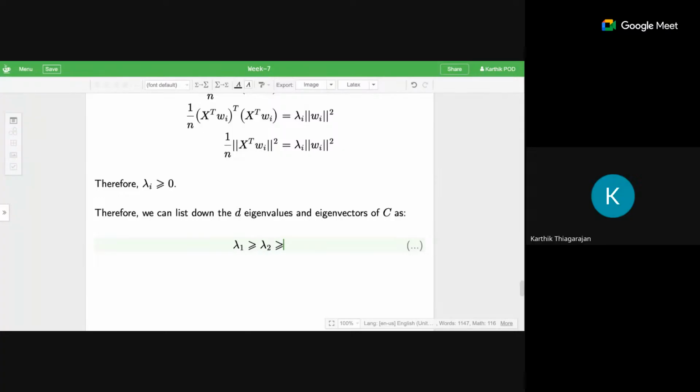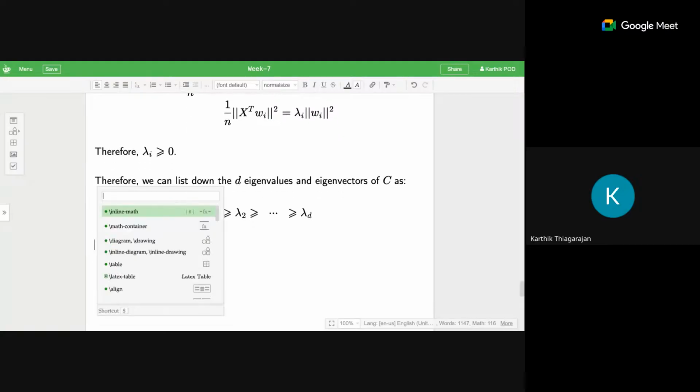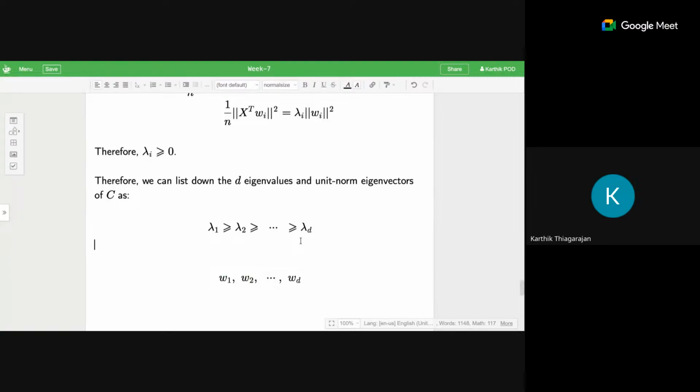Then comes lambda 2, the second biggest eigenvalue, and so on until I have lambda d. There are d eigenvalues, perhaps repeating, we can't say. Corresponding eigenvectors, of unit norm, so I'll only use unit norm. W1 corresponds to lambda 1, W2 corresponds to lambda 2, and so on, WD corresponding to lambda d.